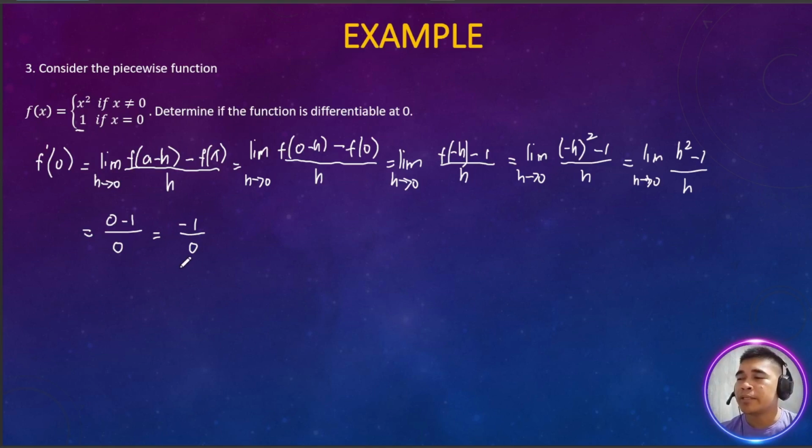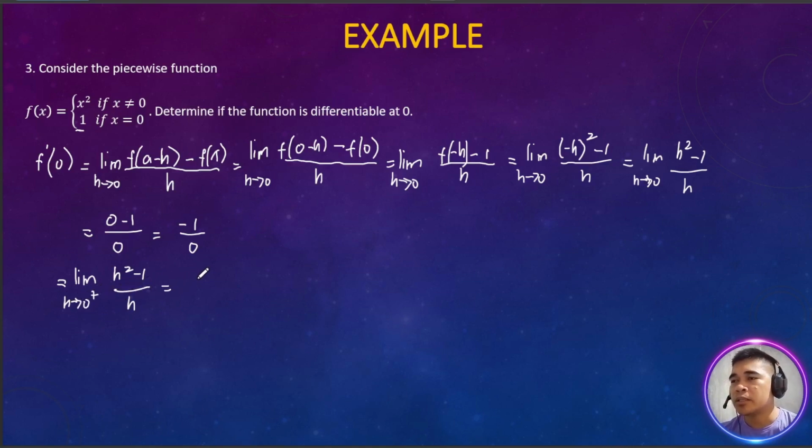Okay, so applying the lesson in our previous chapter, we need to check on what sides of 0 the limit exists. The result can be positive infinity or negative infinity. So we will try the right side. We have the limit of h squared minus 1 over h as h approaches 0 from the right.